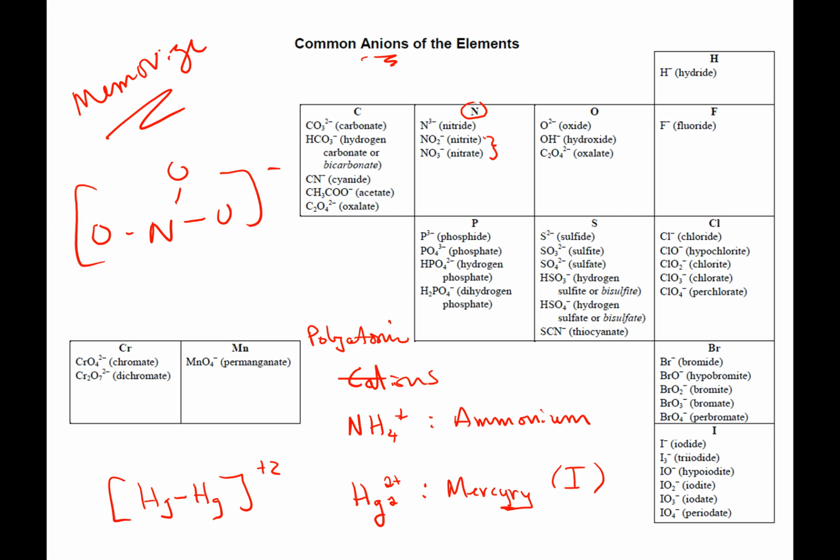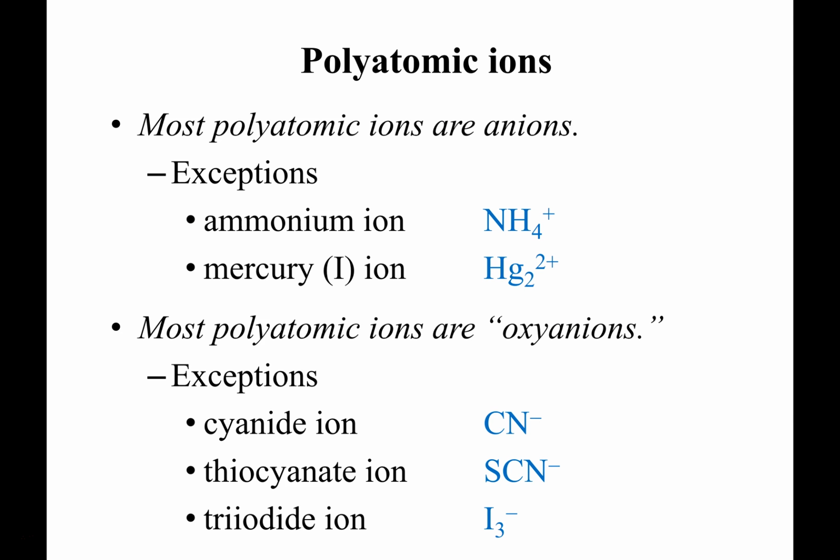Now I do have some hints. I don't have you memorize much because I'm not a memorizer. So here are a few hints. I told you that most of them are negatively charged. The positively charged ones I had you put on that sheet: ammonium, NH4 plus 1, and mercury 1, Hg2 2 plus.